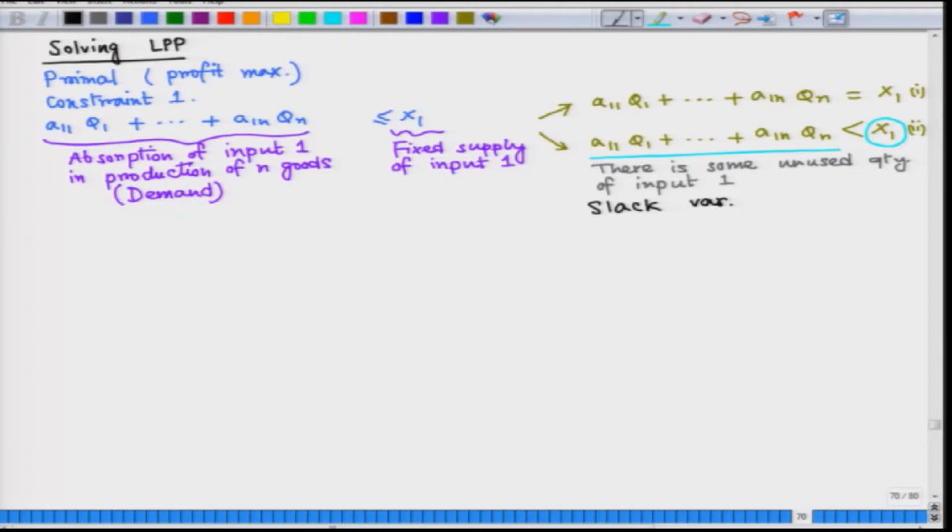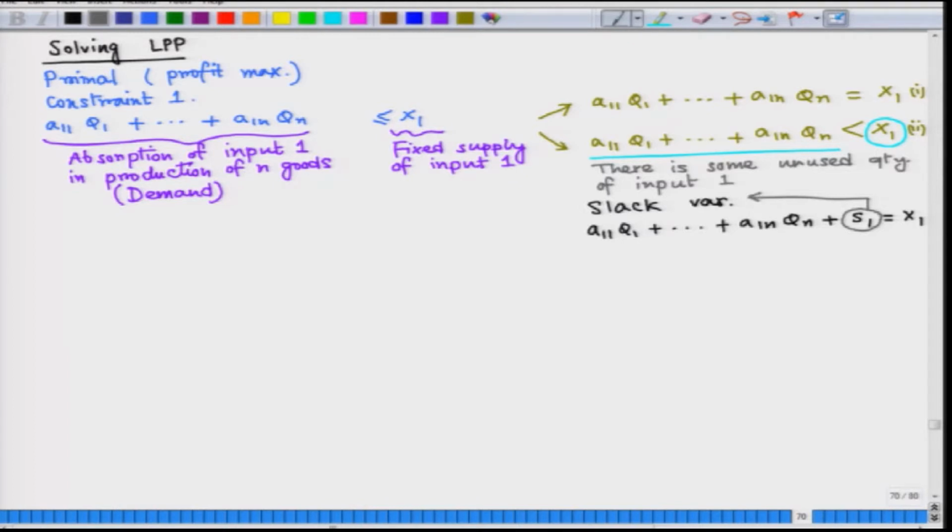So, basically one can rewrite this expression as follows. Here, this newly introduced variable is basically the slack variable.